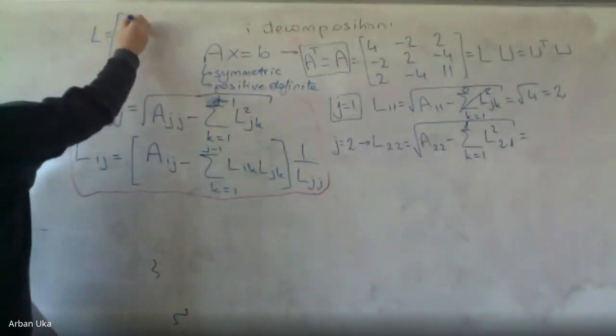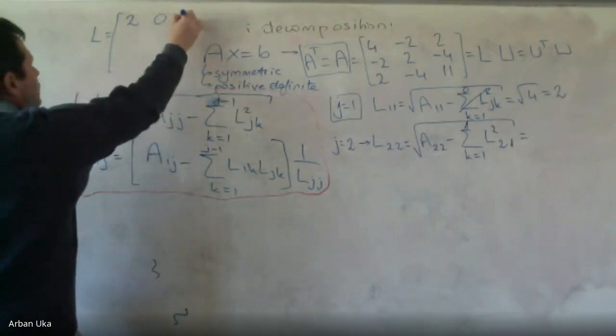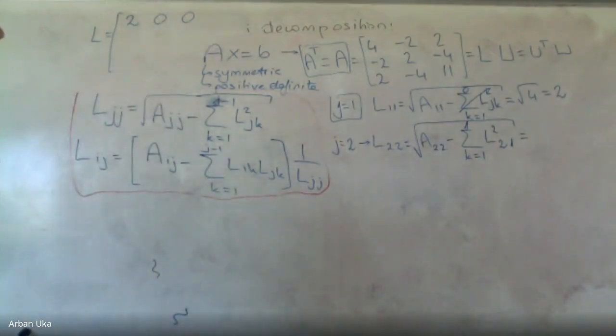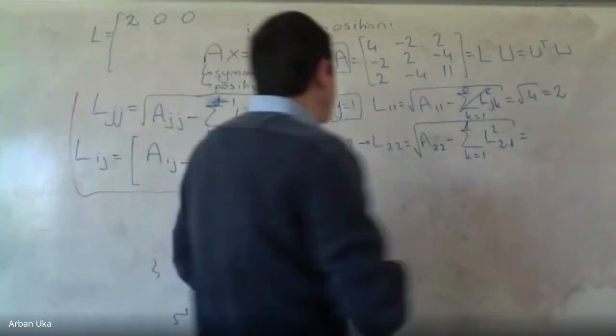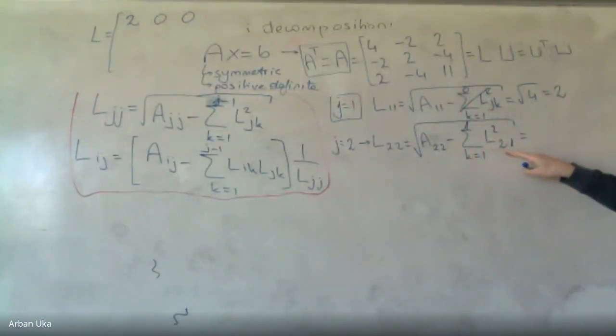So we find that L11 is 2, this is going to be 0 for sure, and we are going after L22.